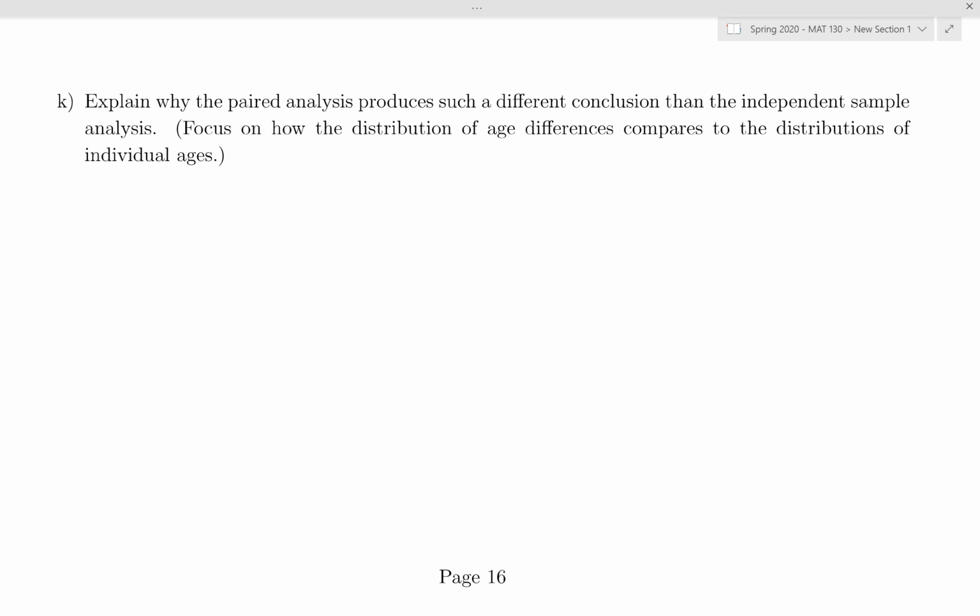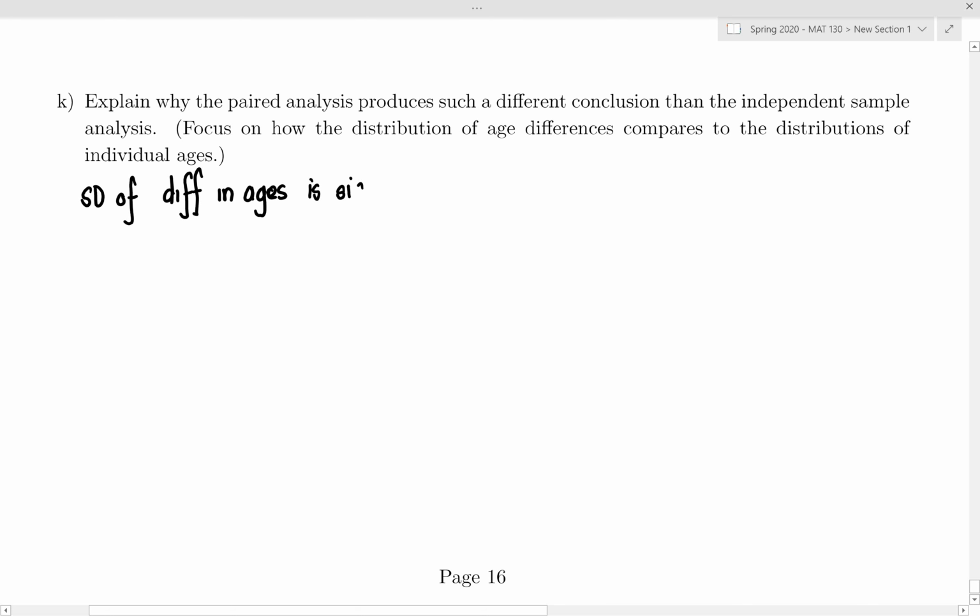So if we're computing the standard deviation of difference in ages, when we're looking at the difference between the ages of husbands and wives, rather than the standard deviation of ages, the standard deviation of difference in ages is significantly smaller, right? It's much smaller than the standard deviation of ages.